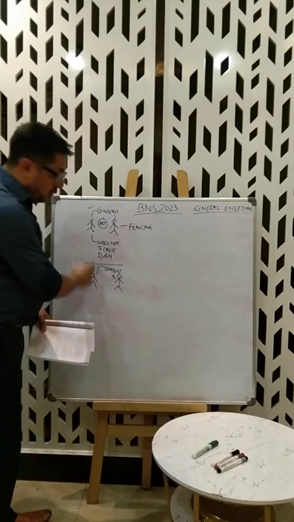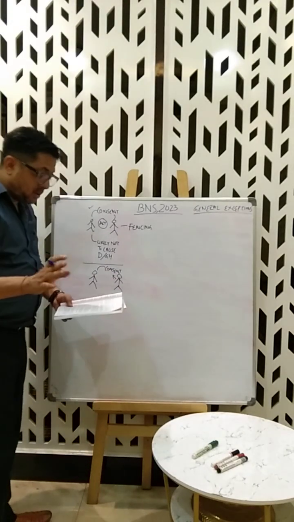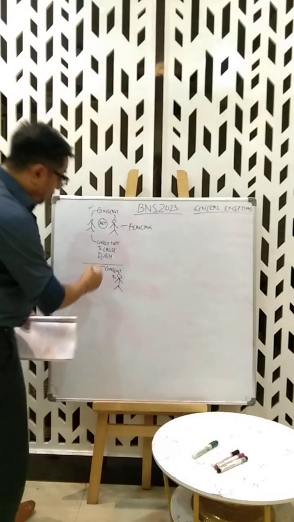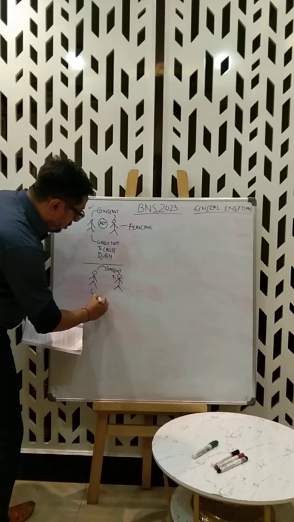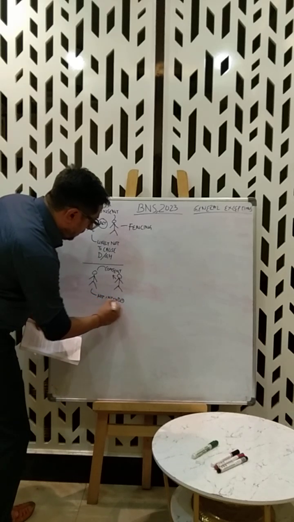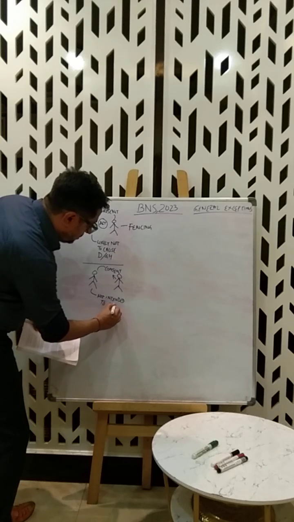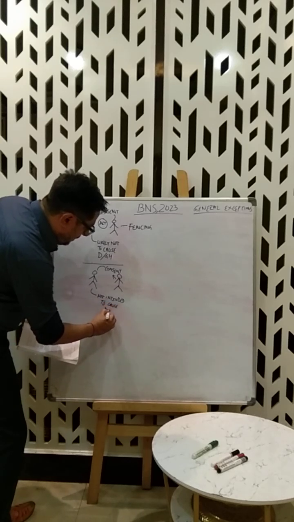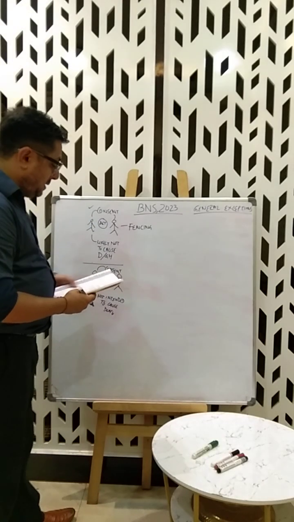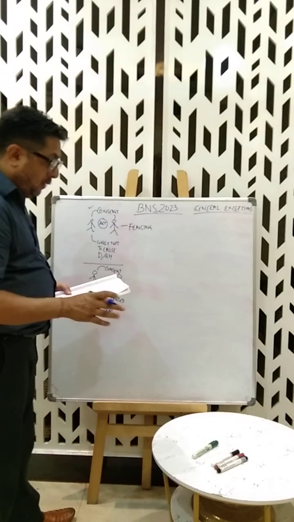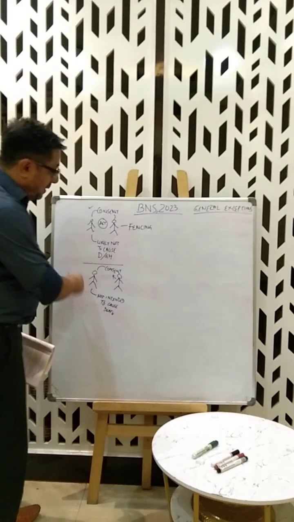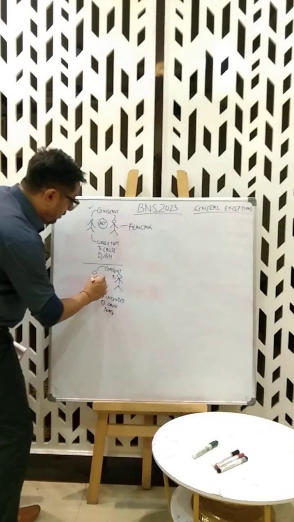Now the idea is, if it is not intended to cause death, and it is done in good faith, done by consent in good faith, then if something wrong happens, it is not an offense.